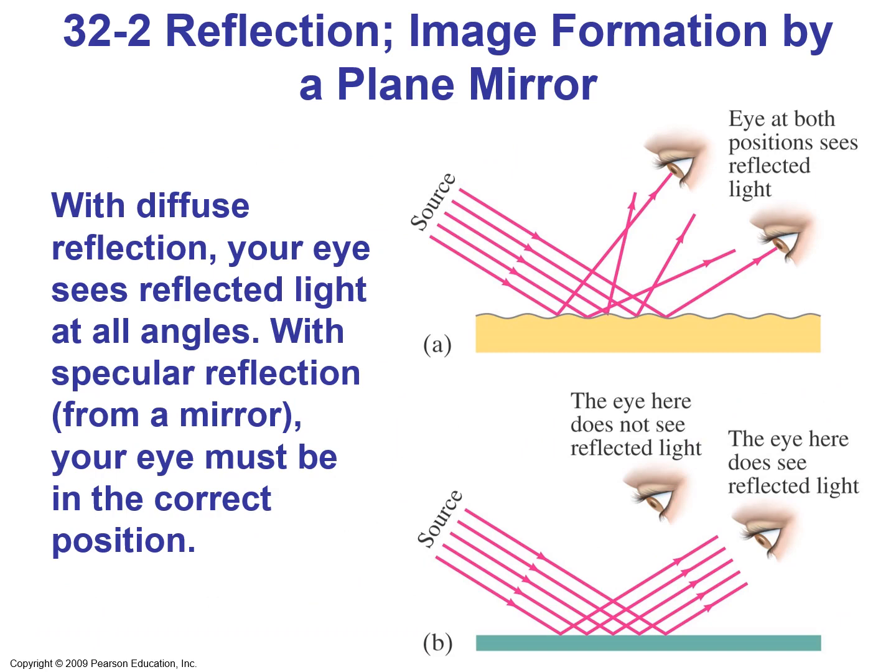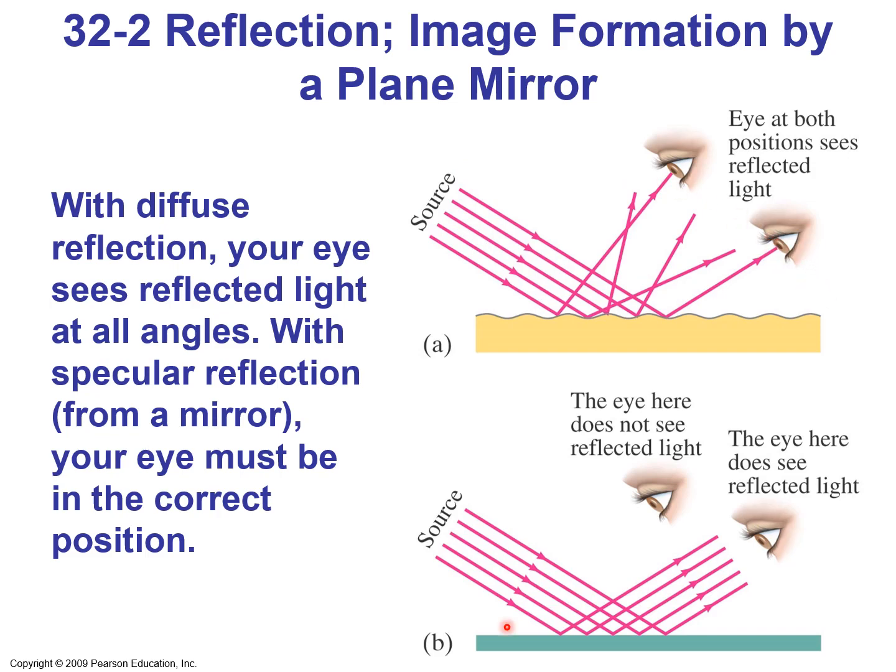With diffuse reflection, your eye sees reflected light at all angles. With specular reflection, from a mirror for example, your eye must be in the correct position. In this cartoon, we have a rough surface, and we can see some rays from the source bouncing off the surface and reaching our eye, no matter where our eye is located.